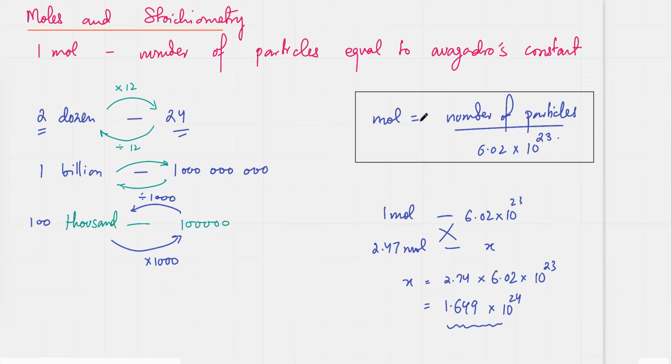And not even the formulas. You should practice it so much that it's instinctive. If somebody's asking for the number of particles and you have moles, you multiply it by 6.02 times 10 power 23 without even thinking of the formula. If somebody gives you a number of particles and they're asking for moles, you divide by 6.02 times 10 power 23. So this should be automatic.